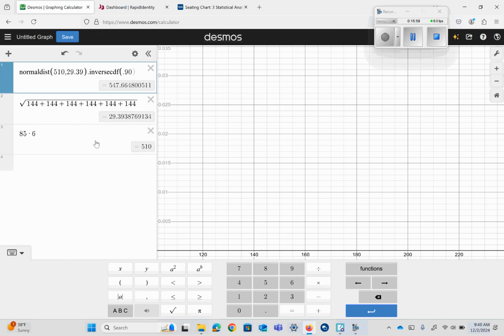So that means if I were to buy 6 apples, if I wanted to find out exactly the 90th percentile, what it would weigh, those 6 apples added together would come up with a value of 547.66 grams. Okay. So again, when you see percentile, you got to take a look at it.